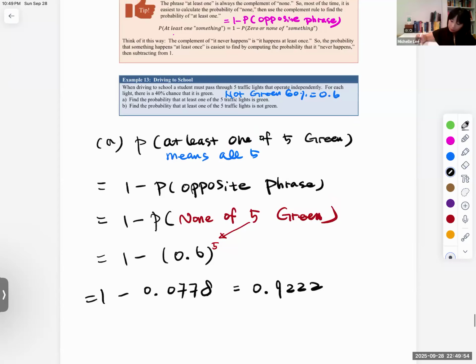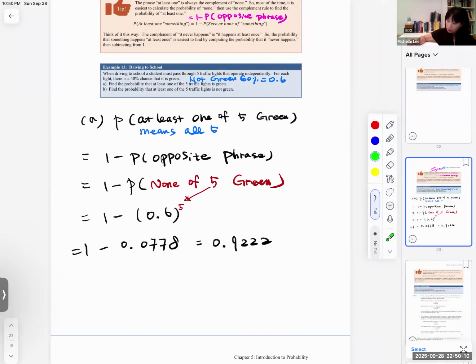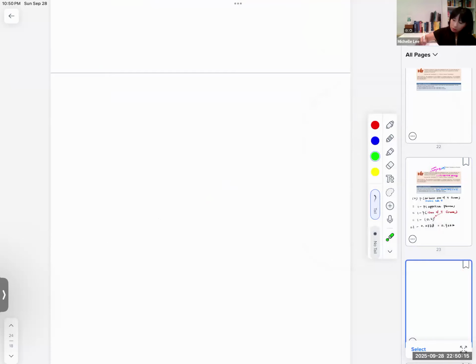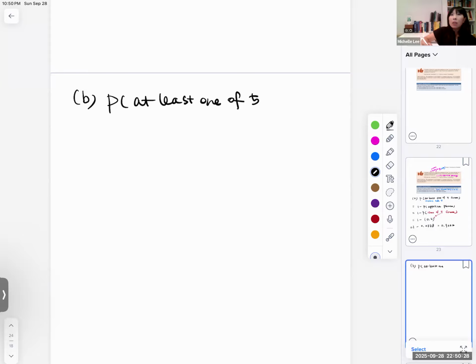The probability that at least one of the 5 traffic lights is not green.